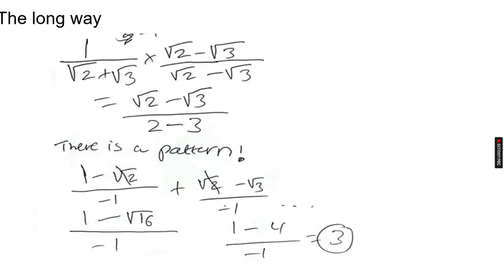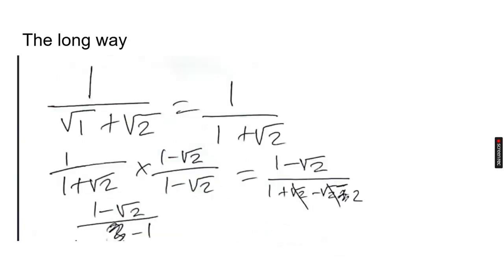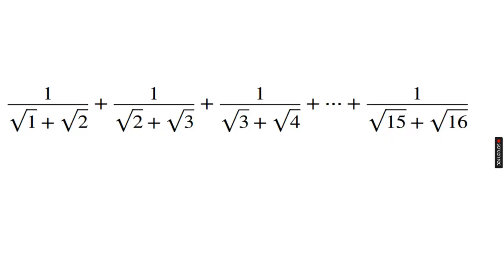And so there's a pattern. Let's just go back to the first one. We have root 1, root 2, root 3, root 2, root 3, root 3, root 4. So after rationalizing each one, we should begin to notice that it starts cancelling out.